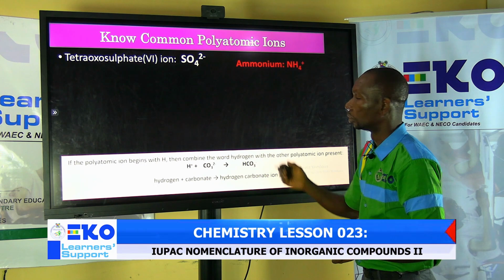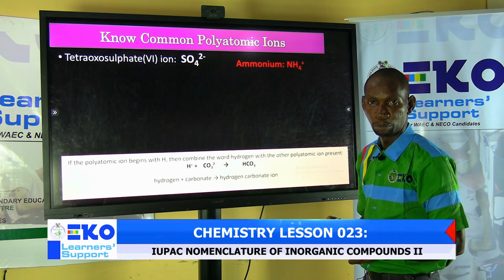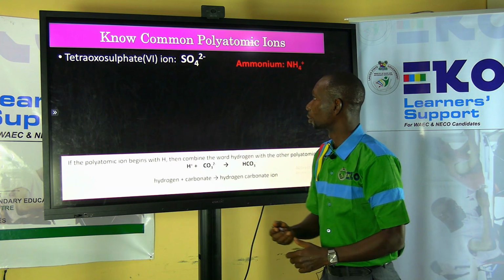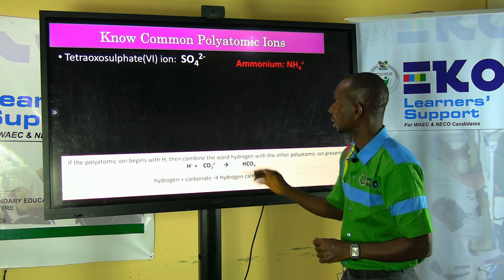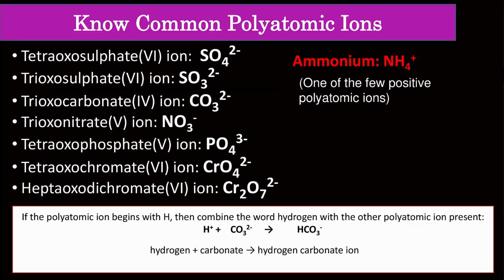All right, so let's get familiarized with some common polyatomic ions. One, you have tetraoxosulfate(VI) ion, SO4 2-. Please document this in your notes and study it. Next, trioxosulfate(IV) ion, SO3 2-. You have trioxocarbonate(IV) ion, CO3 2-.